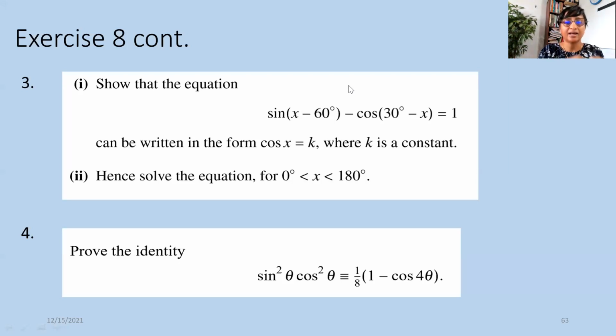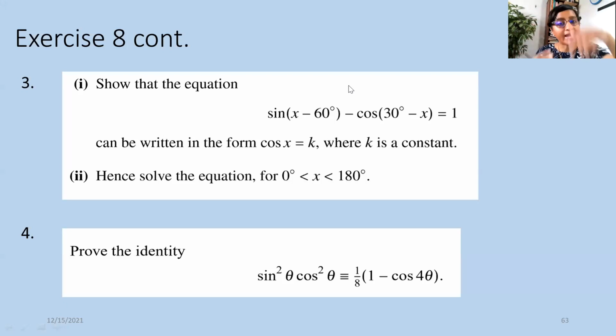Show that the equation given can be written in the form cos x equals k, where k is a constant. Now they've given this long equation. You have to show that this equation can be turned into the simple equation cos x equals a number, right?